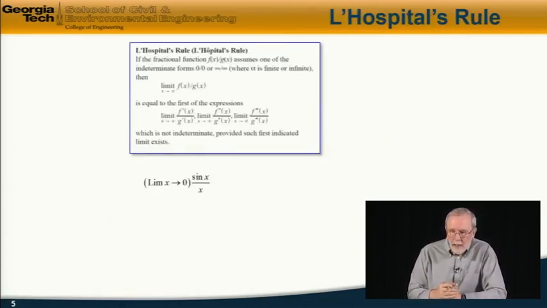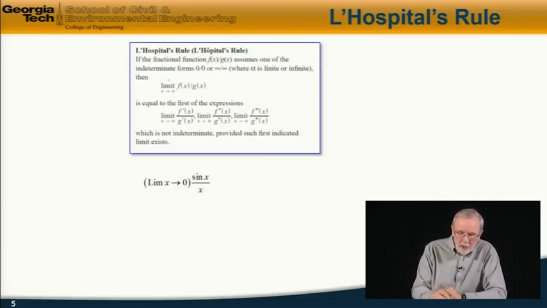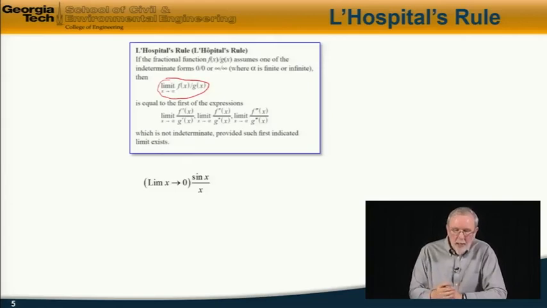Another useful rule is L'Hopital's rule, which allows us to evaluate the limit of a quotient of two numbers which is undefined. For example, if I want to determine the limit of a function f of x divided by g of x as x approaches a, where both of those functions approach 0 or infinity.